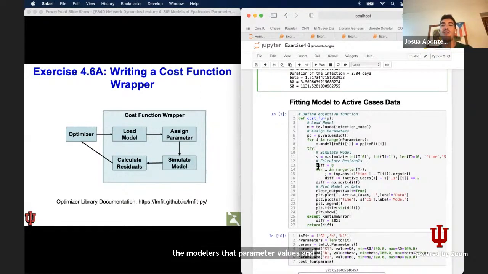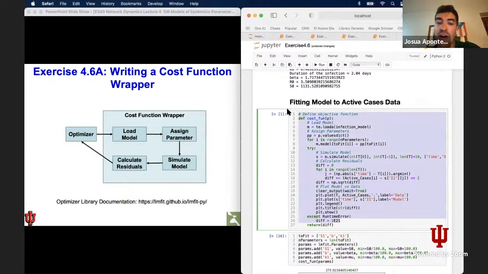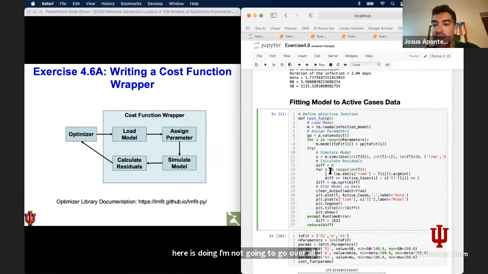And we have to be able to use those parameter values to simulate the model, compare our model to the data, and give back to the optimizer the distance between our model and the data. This is what this code right here is doing. I'm not going to go over all of it in detail because it's complicated, and if you have questions later, I would be happy to discuss them one-on-one.